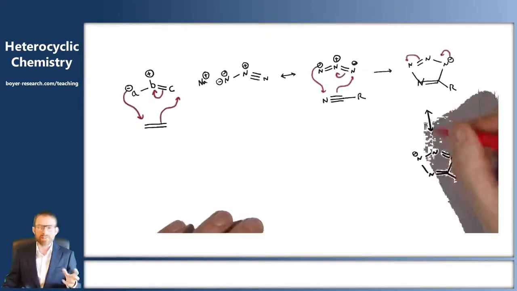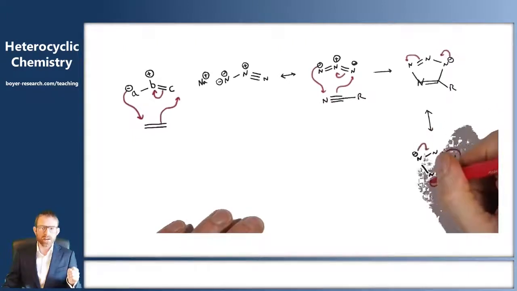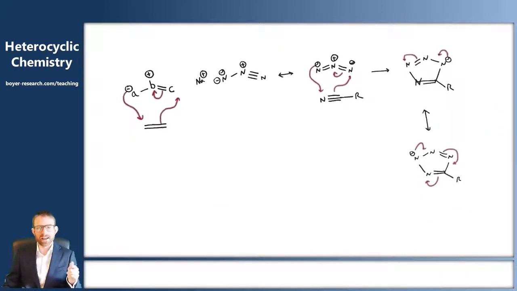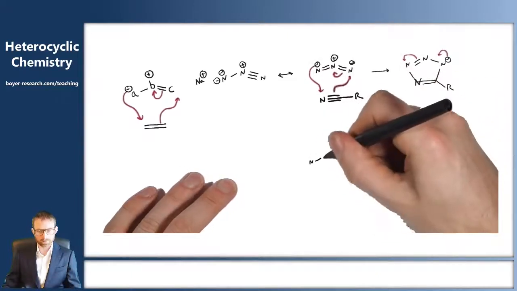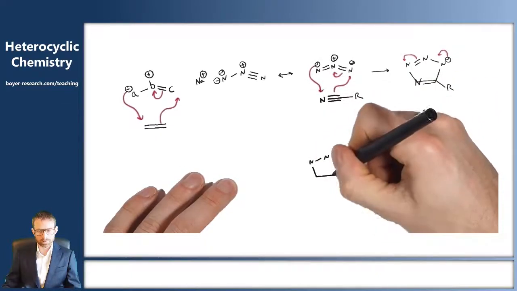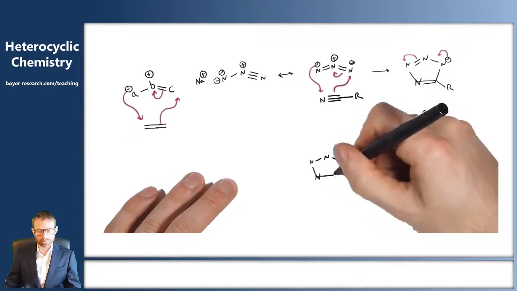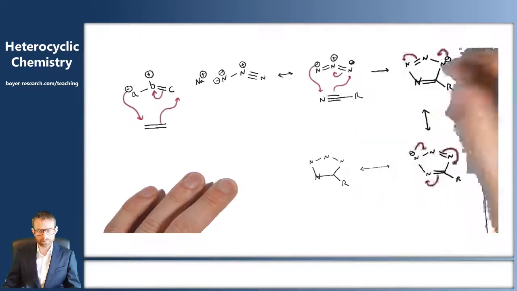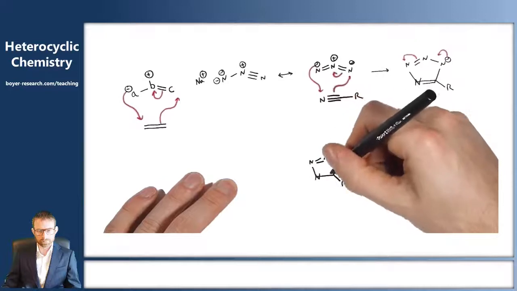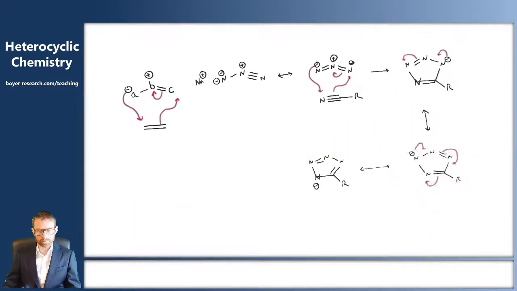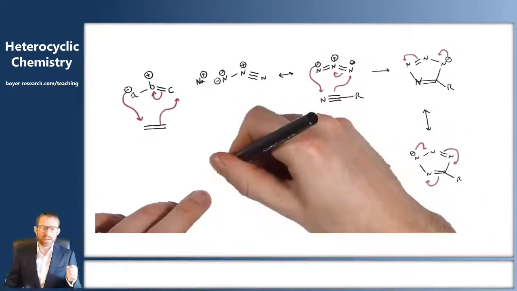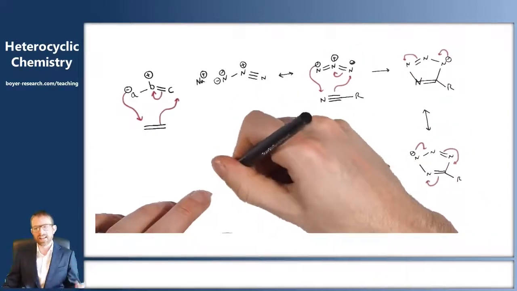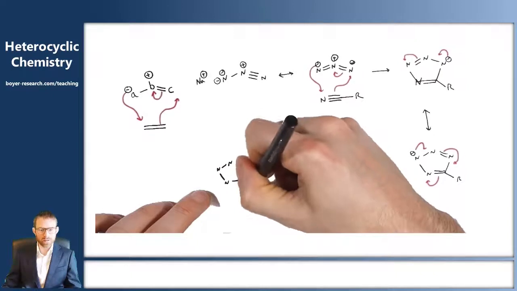And because it's a 5-membered ring with an odd number of atoms, we can actually draw it on each one of the 5 nitrogen atoms. And the final step for this process would be to quench that negative charge from the sodium azide, which will give us the NH bond.